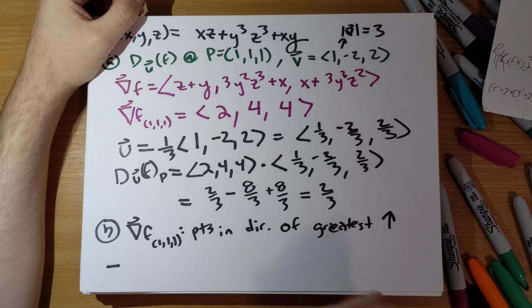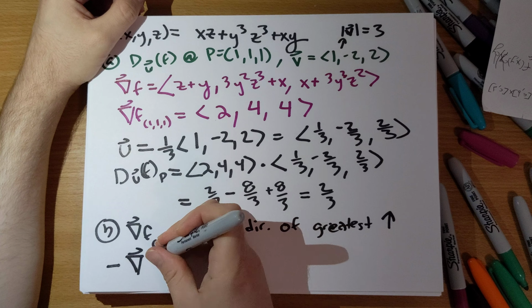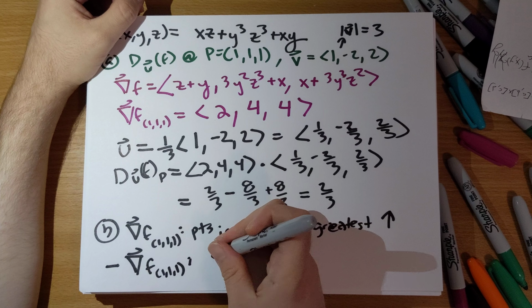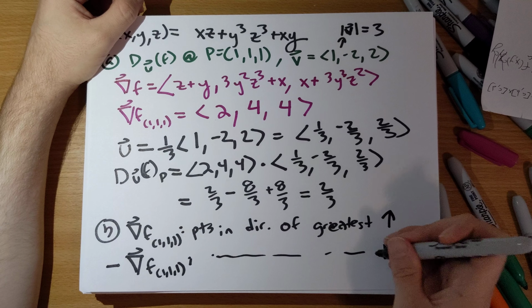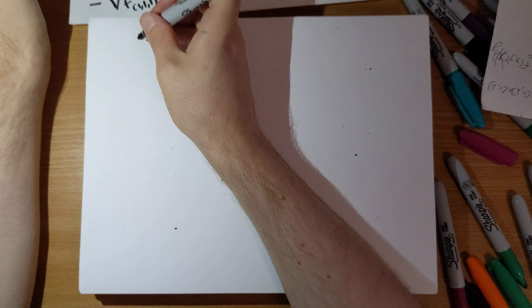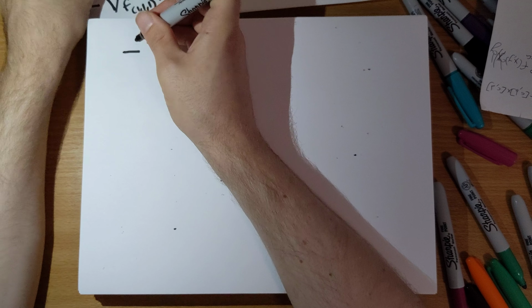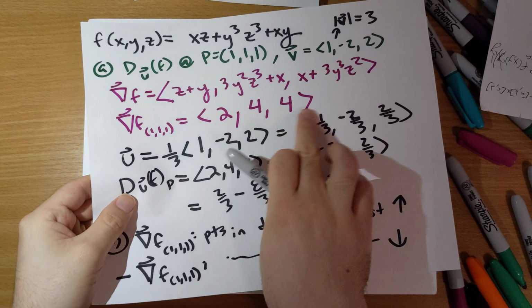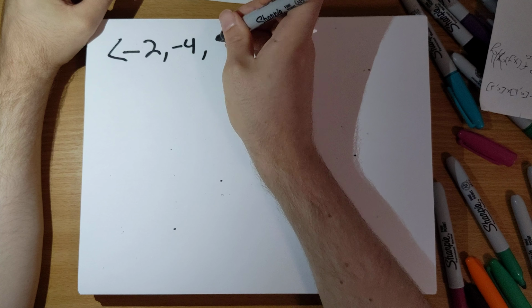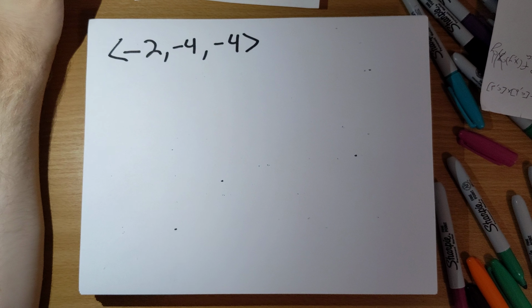And so how do we get a vector going in the direction of greatest decrease? We just multiply the gradient by negative 1. So a first answer to part B is the negative of the gradient here, ⟨-2, -4, -4⟩.